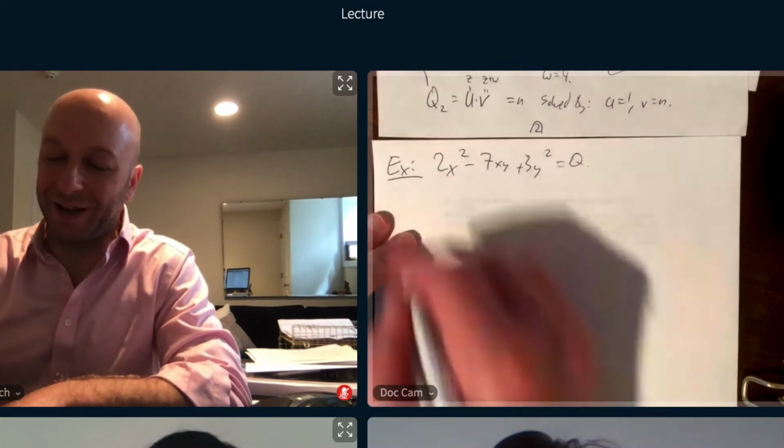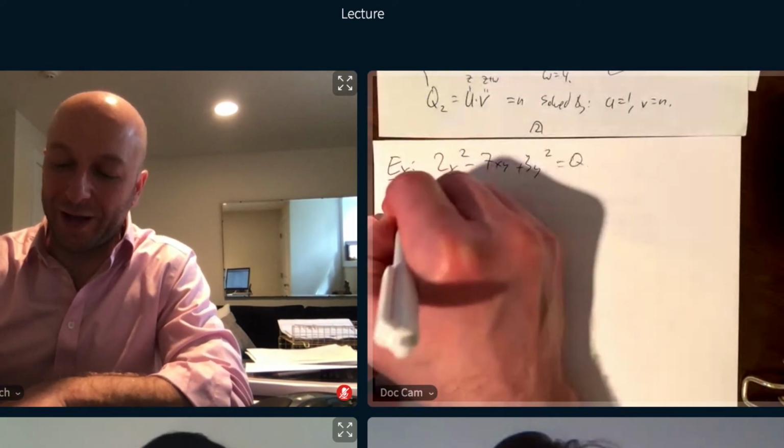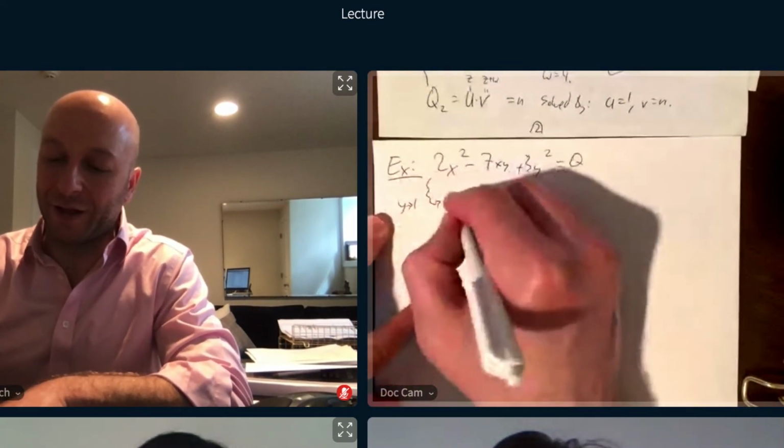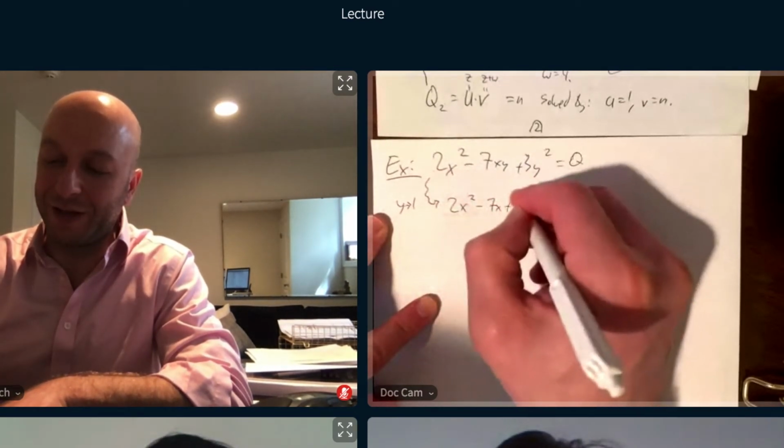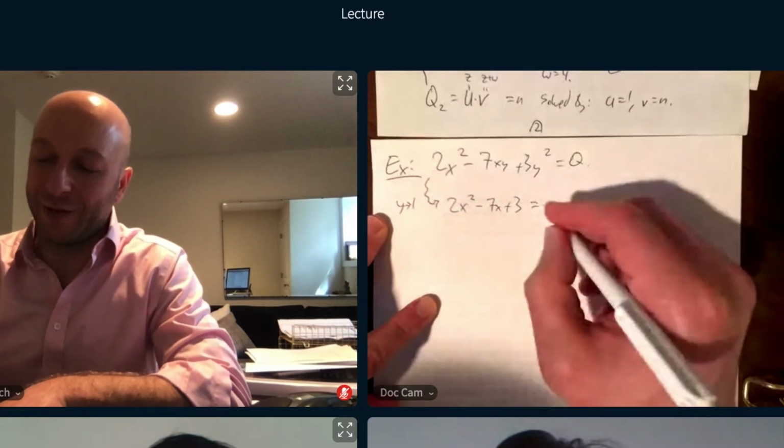Let's set y equal to 1. We get the quadratic polynomial 2x squared minus 7x plus 3. Anybody notice a factorization?